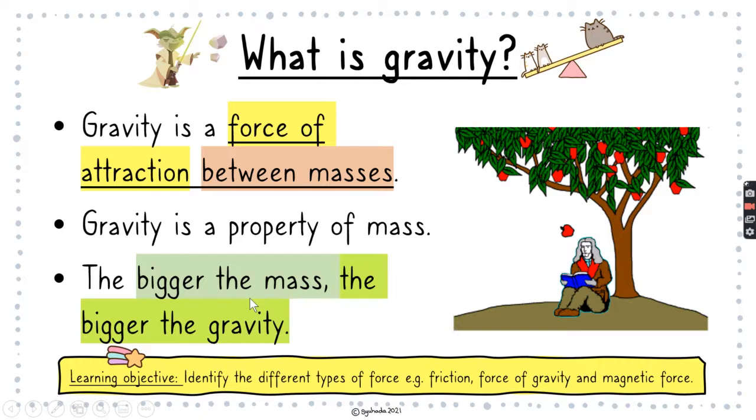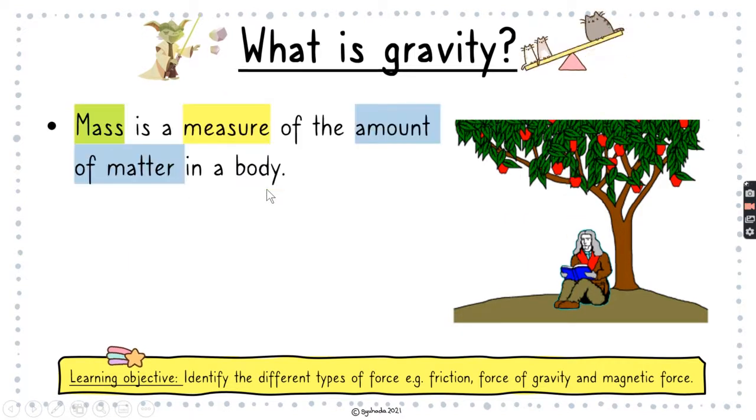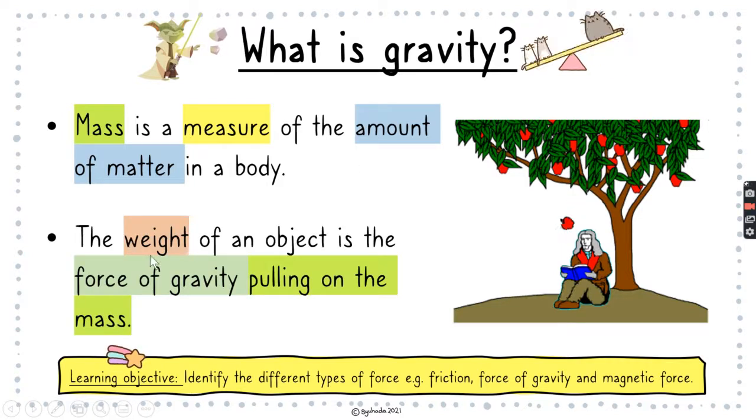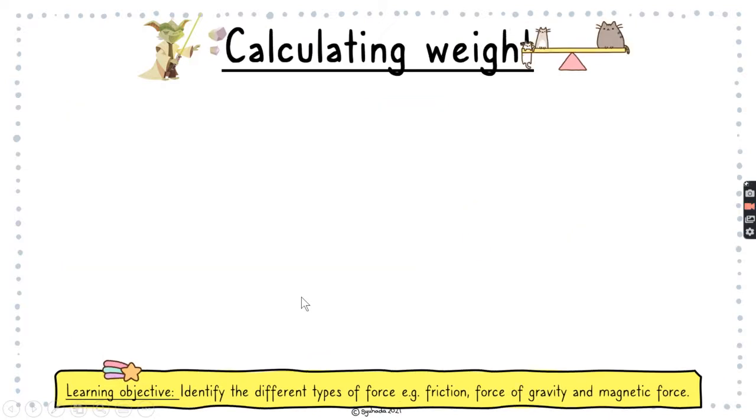So the bigger the mass, the more matter that thing contains, then it has a bigger force of gravity. Mass is a measure of the amount of matter in a body, and the weight of an object is the force of gravity pulling on that mass. So weight itself is actually a type of force.